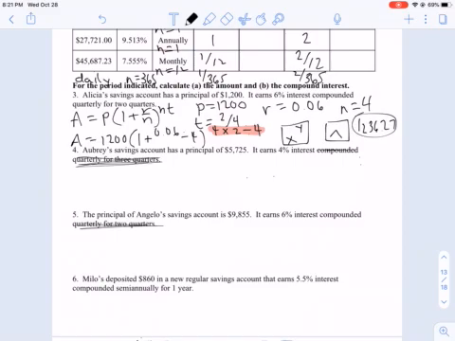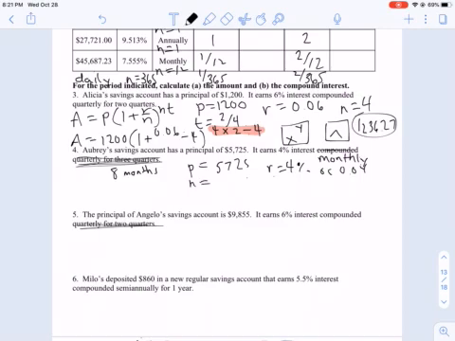Now, let's look at the next one. So let's change it to compounded monthly. And we're going to do it for 8 months. So your principal, $5,725. Your rate, 4% or 0.04.